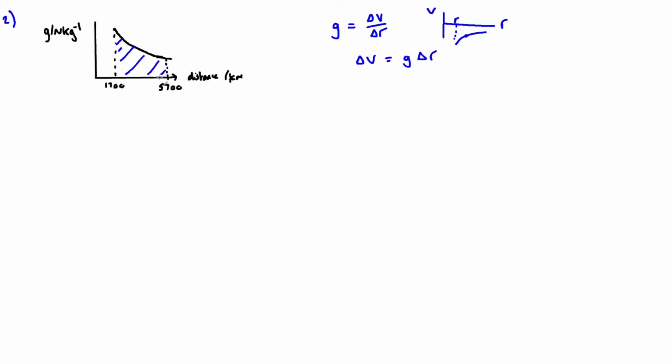Well, 1700 plus 4,000 is 5,700. So the area between those two dotted lines will give us the change in energy of a 1 kilogram mass moving between those two points.